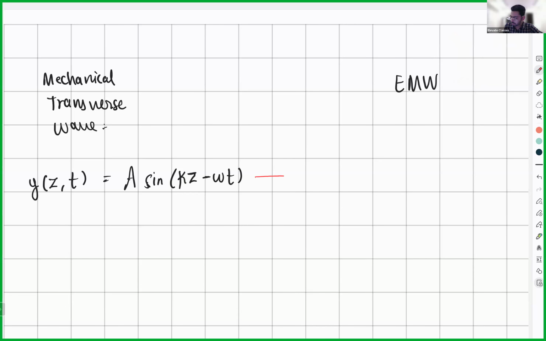So, this expression changes to an electric field expression. Now, we know electromagnetic wave represents oscillations of electric field and magnetic field, right?